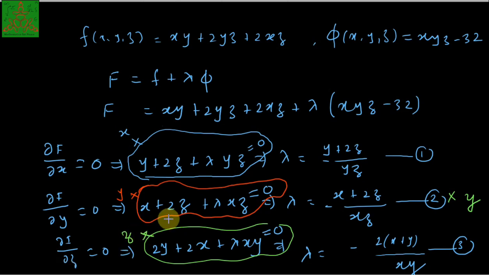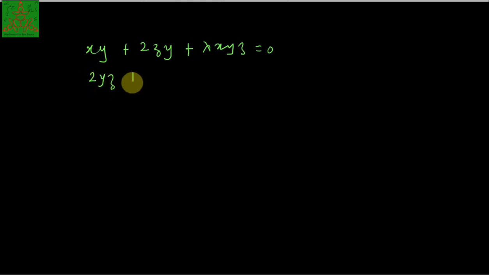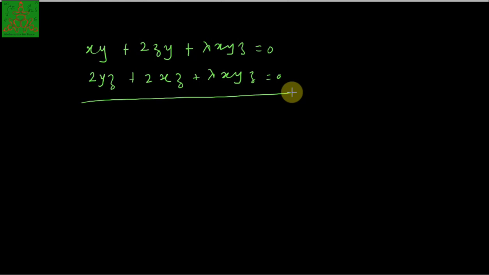We have xy plus 2zy plus lambda xyz equal to 0, and 2yz plus 2xz plus lambda xyz equal to 0.